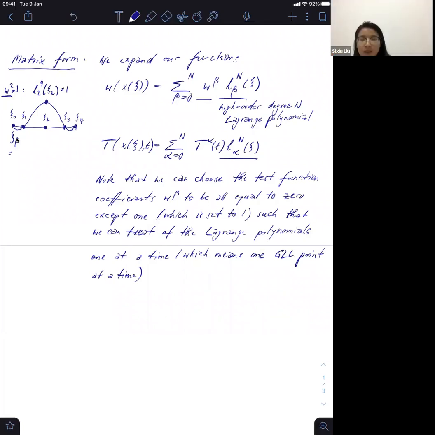Yeah, I mean the final result of W is only 1. Oh, of the test function itself, you mean? Yes. The test function, yes, if you want, W of x of psi will only be 1 for position psi 2.